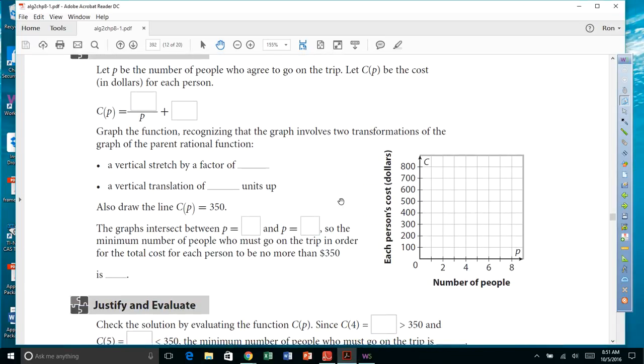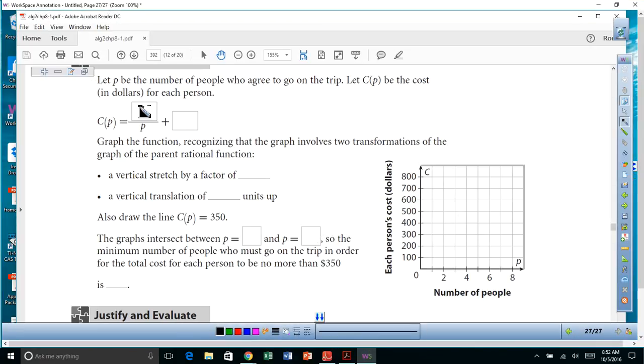Let P be the number of people who agree to go on the trip. Let C of P be the cost in dollars for each person. So C of P equals 220 over P. That's the cost of the car rental over P plus $300. That's the cost of the resort.